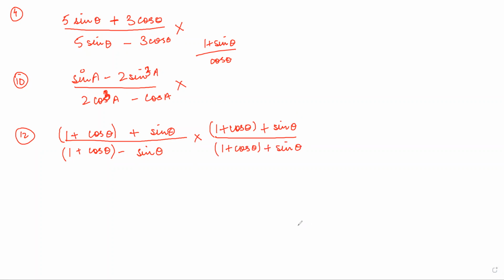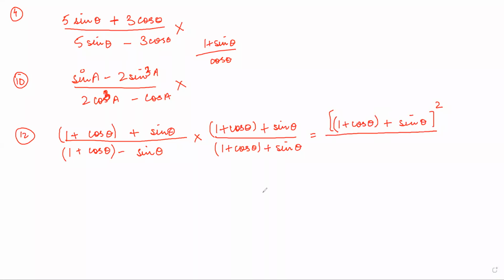Martin, you can just look at it carefully. Okay, so I'm rationalizing it. Now what will it become? In the numerator, I'll get 1 plus cos theta and then plus of sine theta whole square, right? So I can just combine the 2 terms. There's no problem. Both are positive.